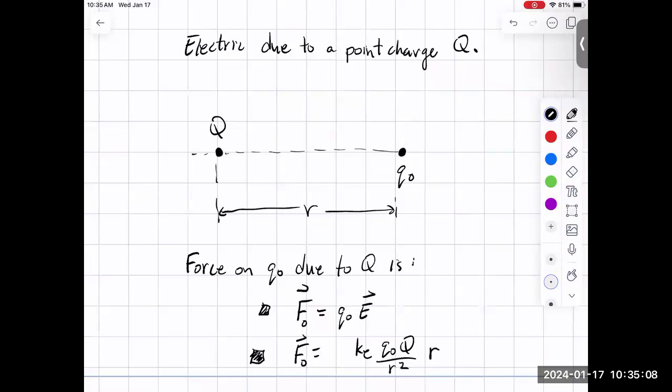And then we have to give a direction, and I'm going to call this unit vector r hat. I'm not going to put the 1, 2 subscripts, but let's say r hat is a unit vector that points from capital Q to Q0. Then Coulomb's law tells us that the force is given by that second expression. So we have Coulomb's law.